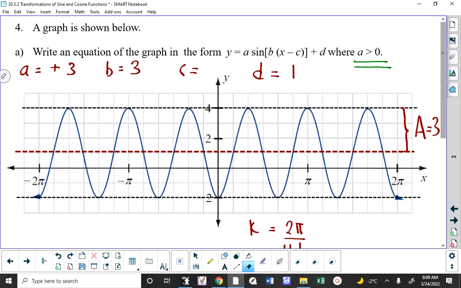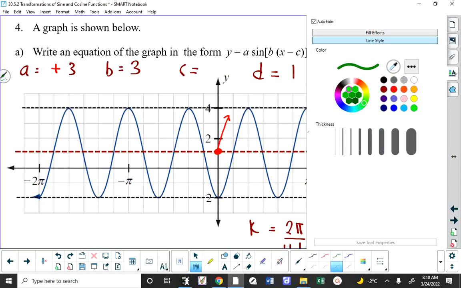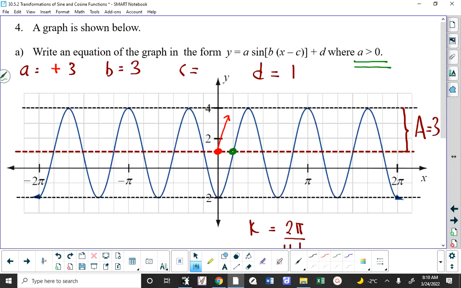And since a is positive 3, there's no vertical reflection. So that means with all of these parameters, our graph will start here going up. But that's not where we want the graph to be. We want to find the equation of a graph that starts here going up.